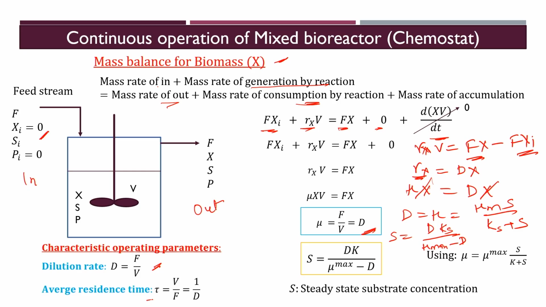In addition, there is one more term, that is called average residence time. Tau is 1 upon D, which is V upon F. So, there are two terms, dilution rate and residence time.